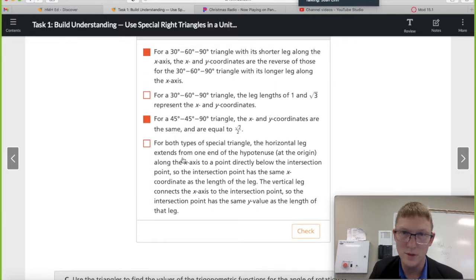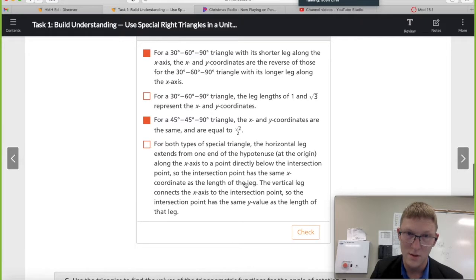For both types of special triangle, the horizontal leg extends from one end of the hypotenuse at the origin along the x-axis to a point directly below the intersection point. So the intersection point has the same x-coordinate as the length of the leg. The vertical leg connects the x-axis to the intersection.